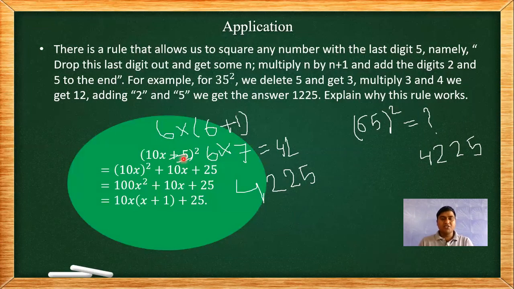Let the unit digit be 5, and let the 10's place digit be x. So the number is 10x plus 5. As for example, the number is 45. 5 is the unit digit and 4 is the 10's place. So the number is 10 into 4 plus 5. 10 into 4 is 40. 40 plus 5 is 45. So if x is the 10's place and 5 is the 1's place, the number is 10x plus 5.